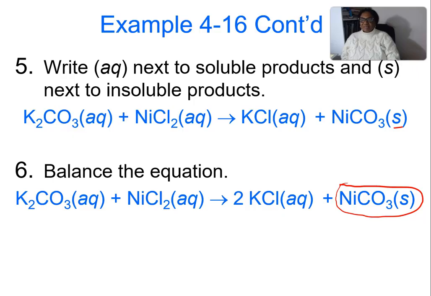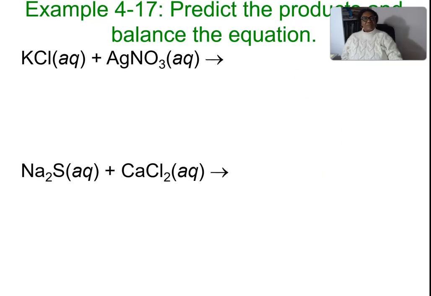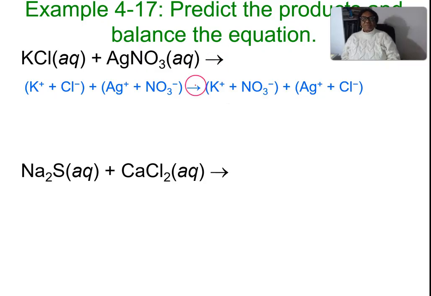Let's take another example. Predict the product and balance the equation of the reaction of potassium chloride plus silver nitrate. We'll go through the steps. This is the formula of the reactants. Now we want to separate them into ions.